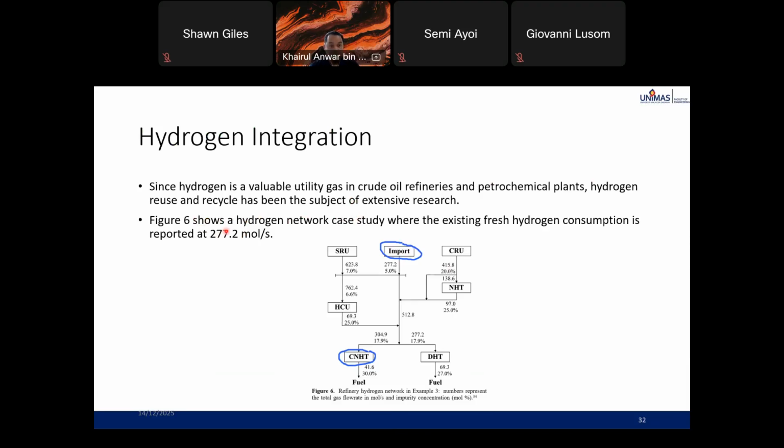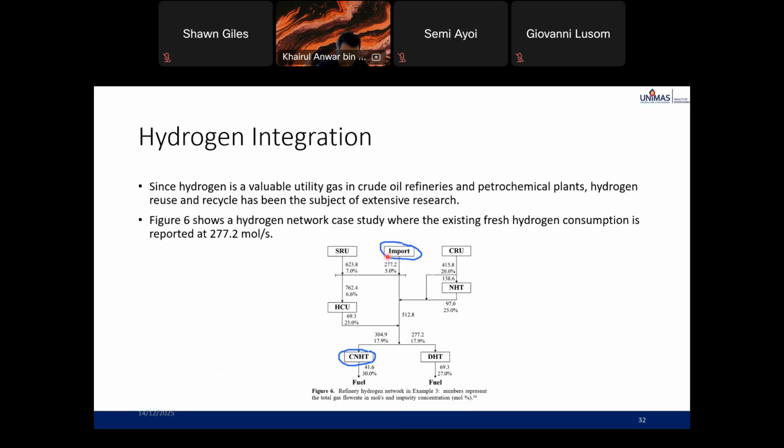Figure 6 shows the hydrogen network study. The existing fresh hydrogen production is recorded at 2775 mole per second here.